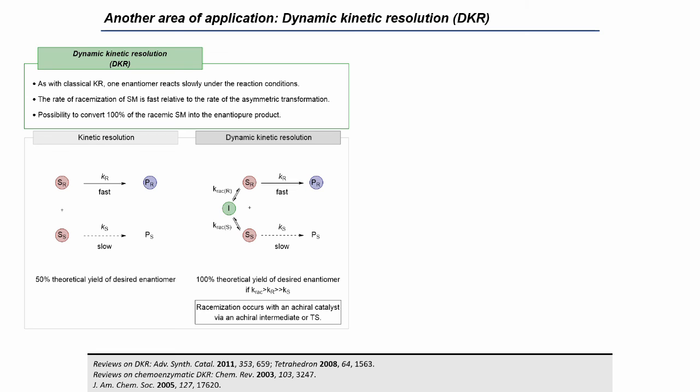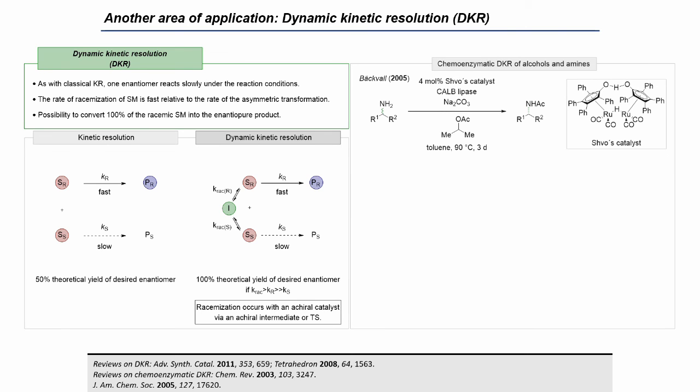Often, fully reversible reactions are implemented to facilitate this racemization step. Coming back to the transfer hydrogenation reaction that we have discussed at the beginning of this session, a chemoenzymatic dynamic kinetic resolution of primary amines was realized by the group of Bäckvall in 2005. The key racemization step was facilitated by the Shvo catalyst.